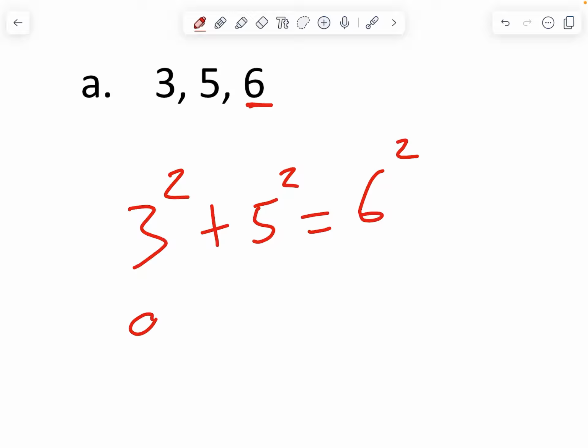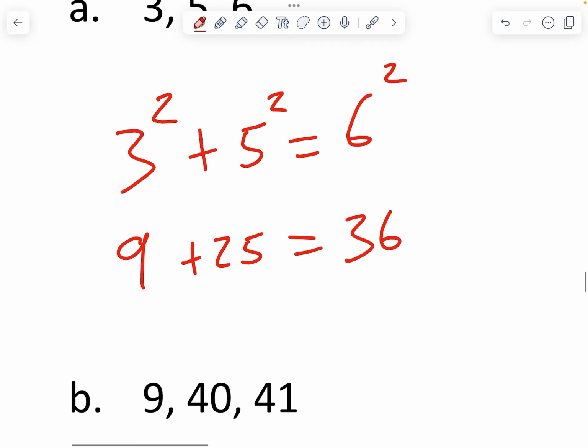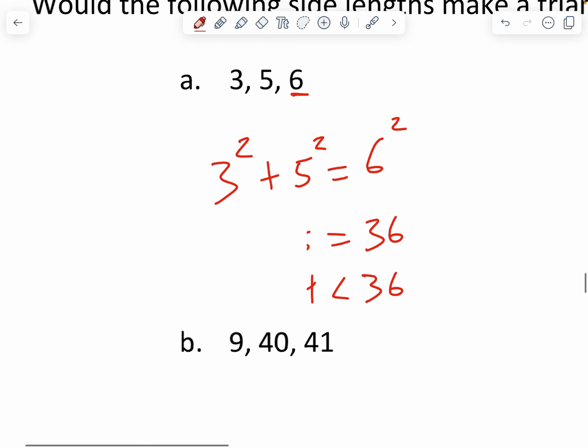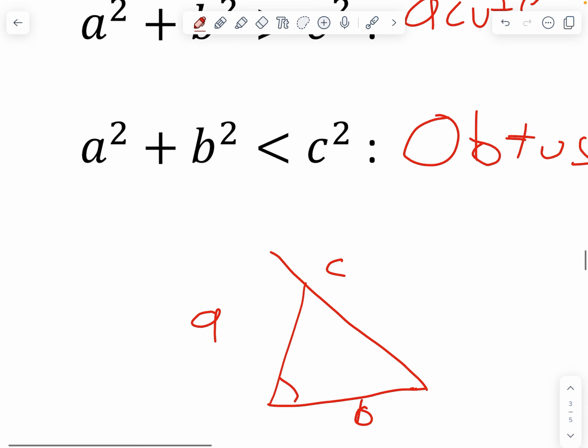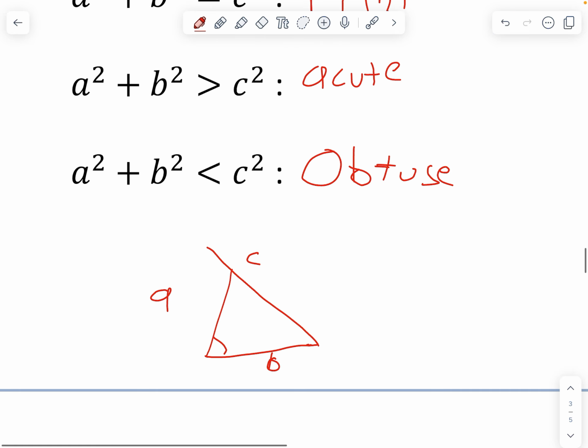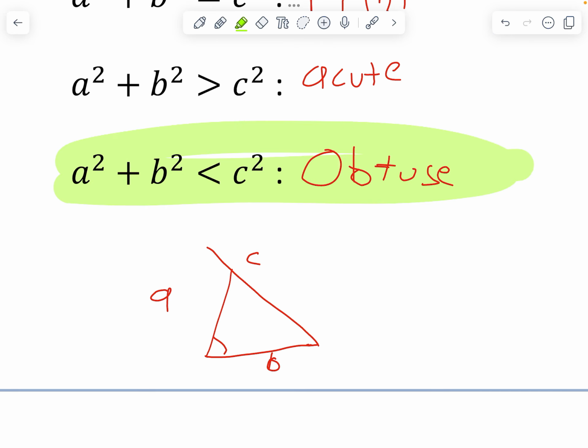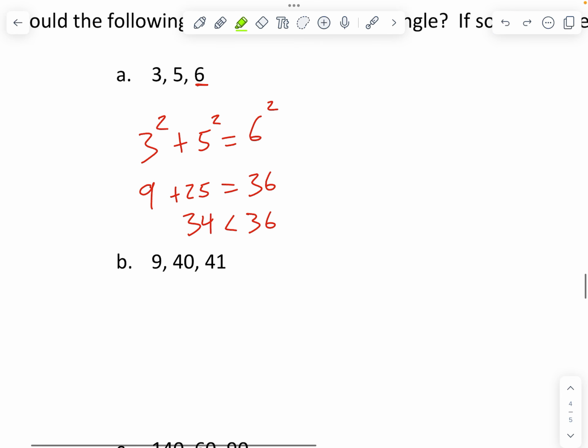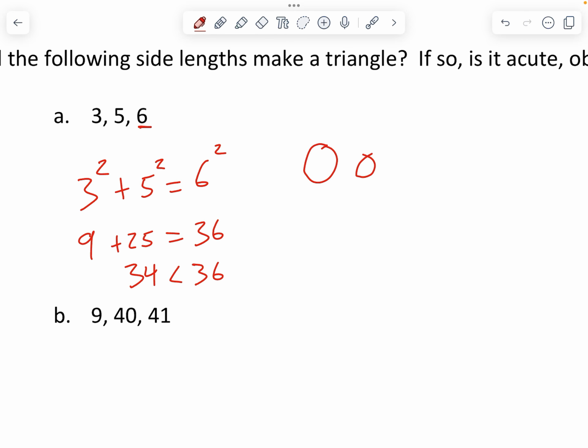Well, 3 squared is 9, 5 squared is 25, and 6 squared is 36. 9 plus 25 is 34, which we know 34 is less than 36. That means C is too big. It's greater than a squared plus b squared, which is this situation. So we know that this is an obtuse triangle.